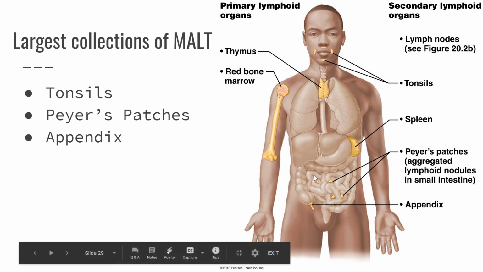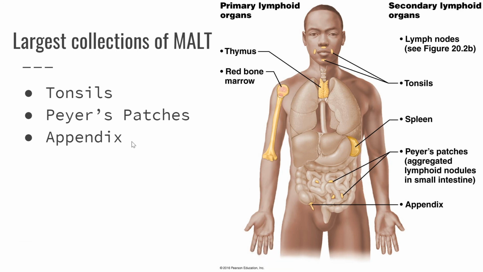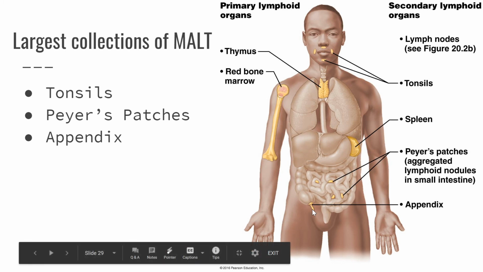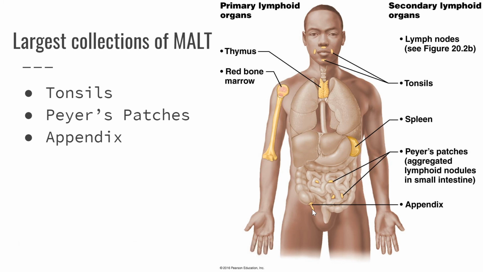So for any bacteria that's past the tonsils and past the Peyer's patches, hopefully the appendix will be able to capture it. And if you can, just picture that pseudostratified ciliated columnar epithelium in all of these places, holding a little bit of the lymphatic tissue to help guard our body against things trying to get inside.